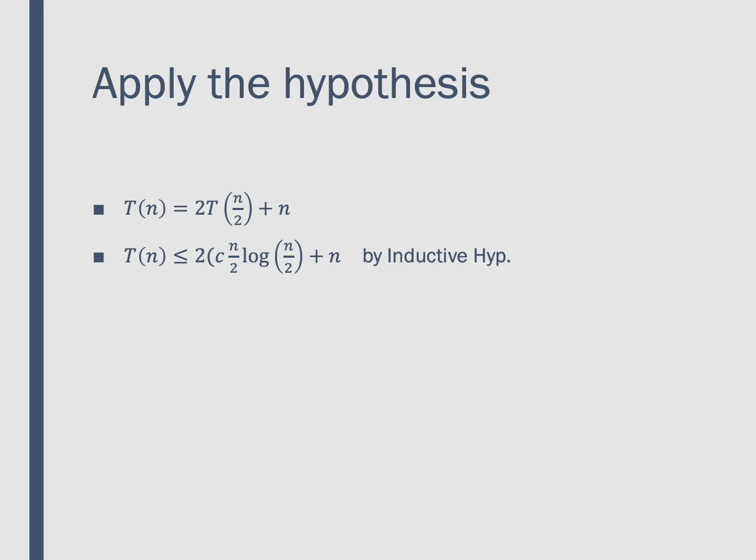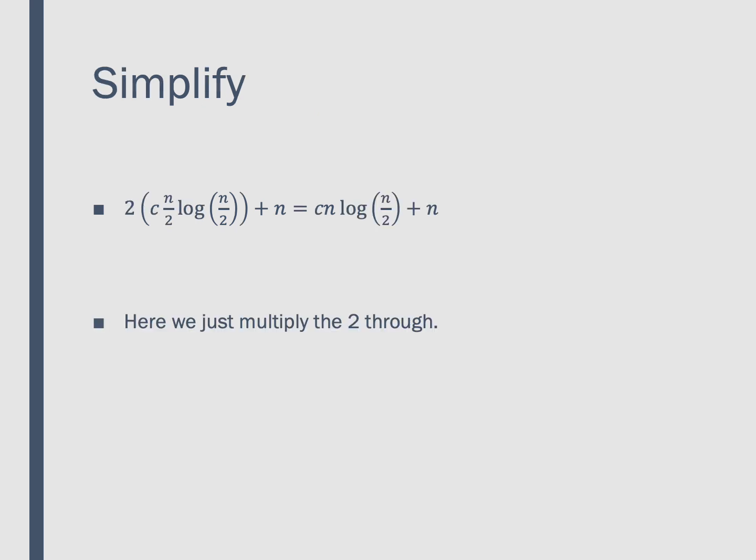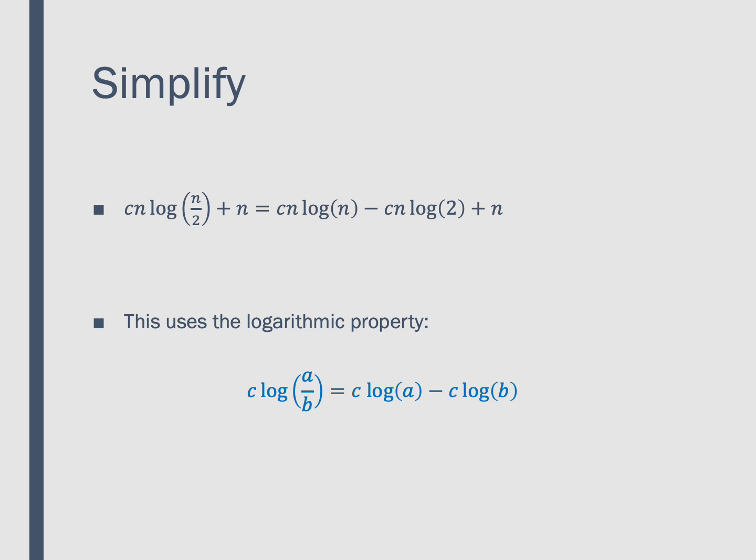Now if we simplify this, this is the expression we'll get after simplifying. We simplify by multiplying the 2 through, like here.